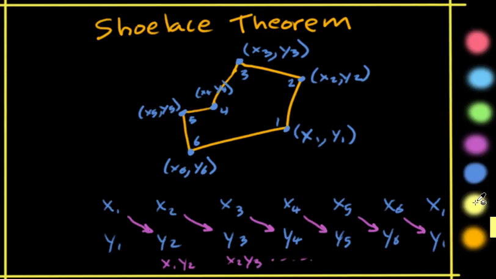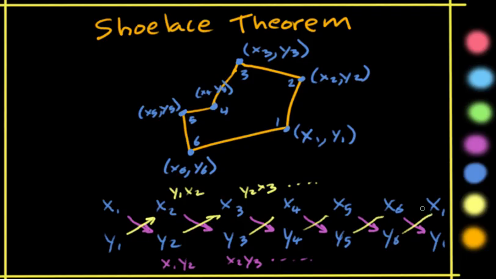And then you multiply in the other direction, up and to the left. y1 times x2. And then you get y2 x3, and so on. And what you see if you continue to do this is that you form a pattern that looks like shoelaces, and that's where this theorem gets its name. The shoelace theorem is because it looks like you're stitching up your shoes with these little crosses here.